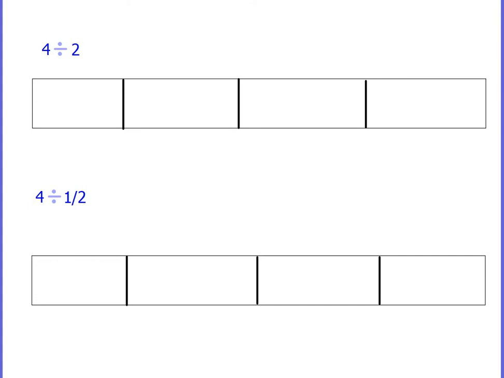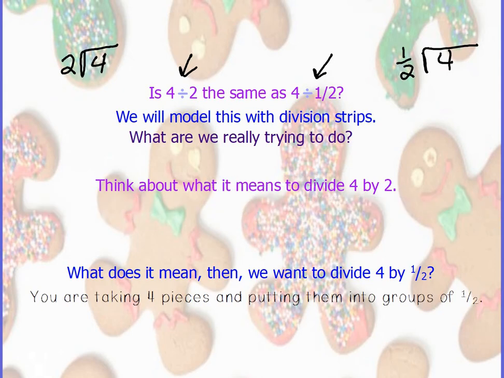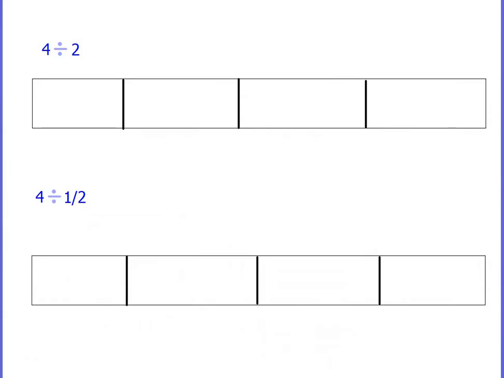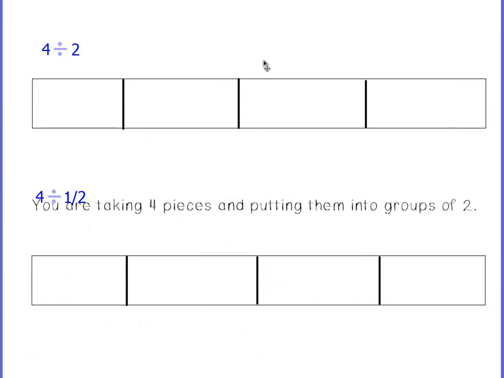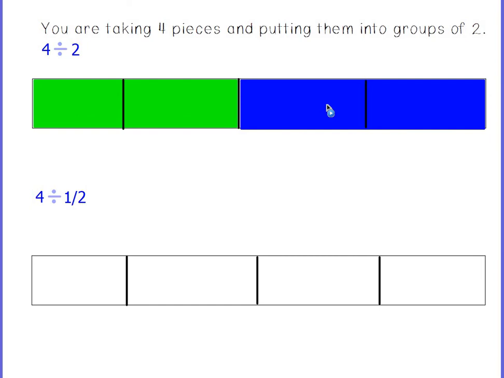So here, if I take 4 and I divide it by 2, like I said, we're taking it and putting 4 pieces into groups of 2. So I'm actually going to copy that over here. Okay, so we're taking 4 pieces and putting them into groups of 2. So here's one group of 2, and here's the second group of 2.